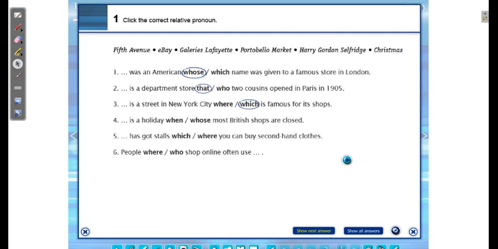A holiday. We're talking about a holiday. When or whose? A holiday is not a person, nothing that can be possessed. So when. Has got stalls. Stalls. Which word? We're talking about a thing. Stalls are usually placed in places. So where: has got stalls where you can buy second-hand things. And people. Talking about people. What do you have? Whose? So let's check now the different answers.